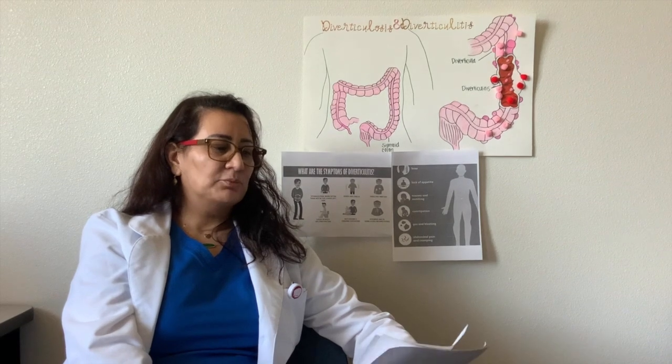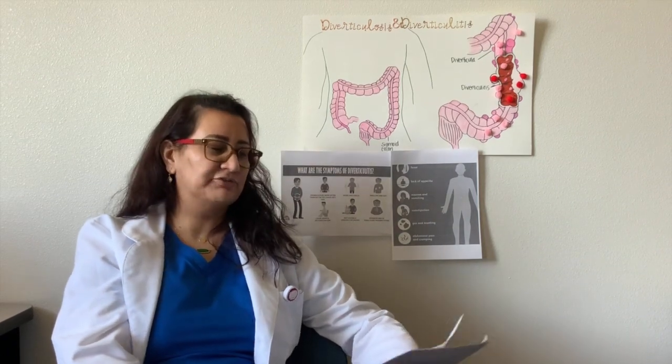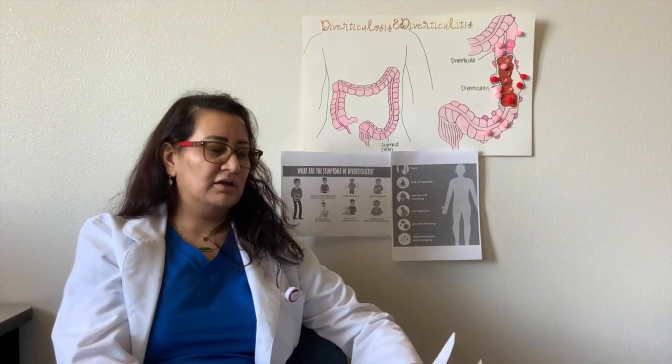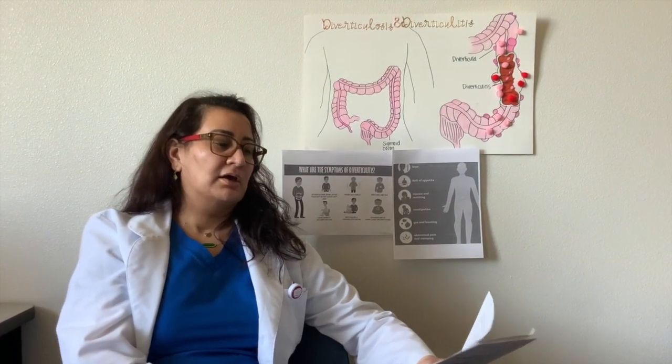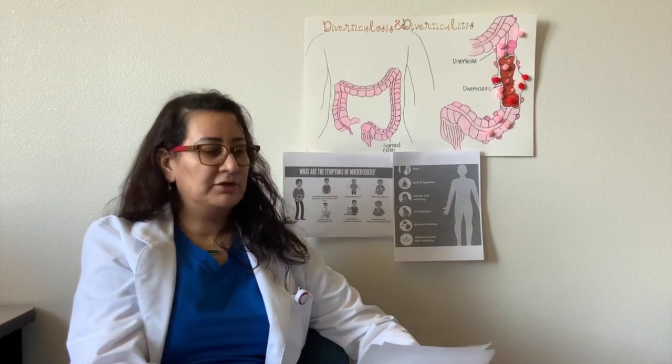By touching the lower abdomen, it feels tender, and the patient will sometimes have fever and nausea at the beginning, and it could even become a big problem and require surgery.